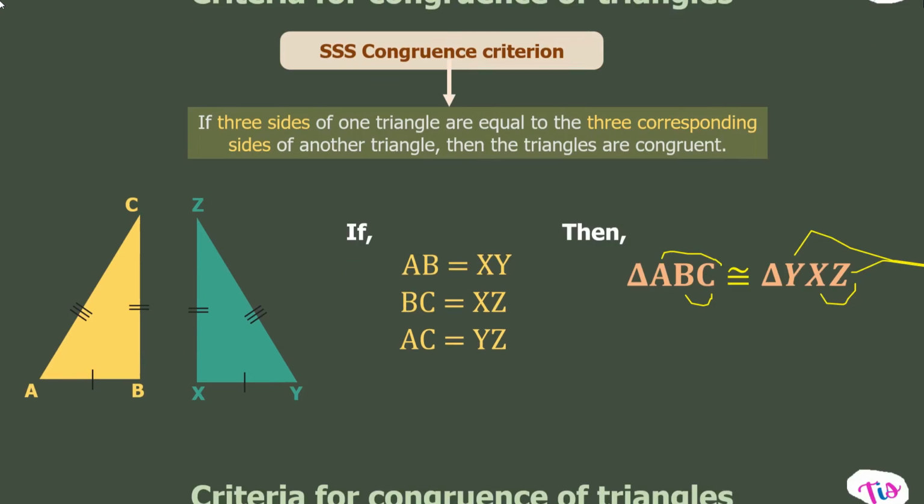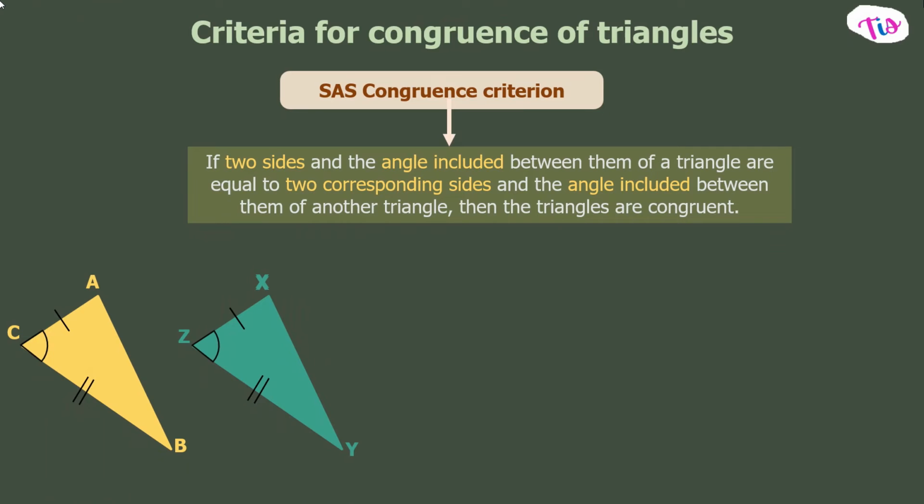Let's move to the next. Now it is SAS, side angle side congruence criteria, and it involves two sides and the angle included between them. SAS means two sides and the angle between these two sides, that is the included angle.